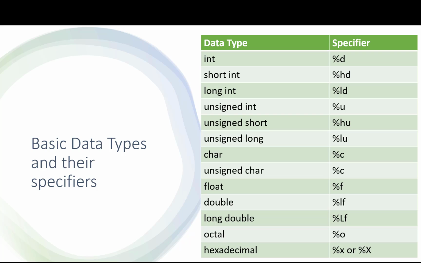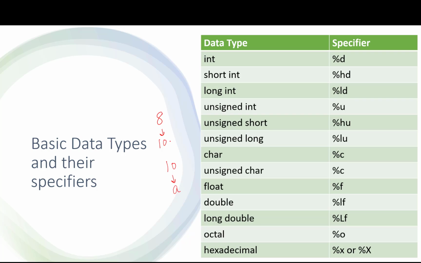Now at times you might want to represent a decimal number in octal form. For example, decimal 8 in octal is 10, right? Similarly, you might want to represent the number in hexadecimal. So 10 in decimal is A in hexadecimal.